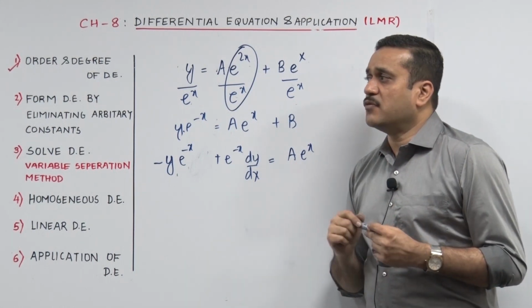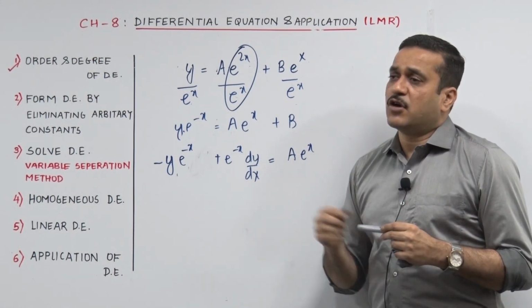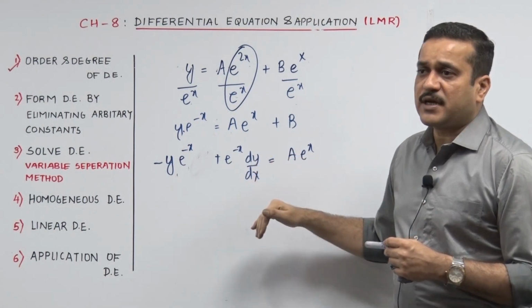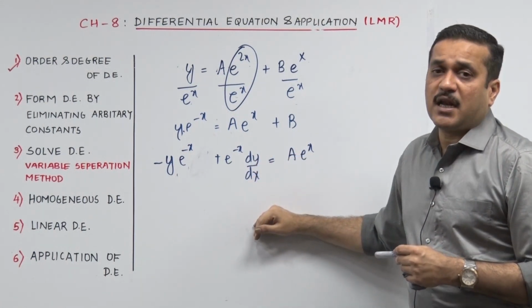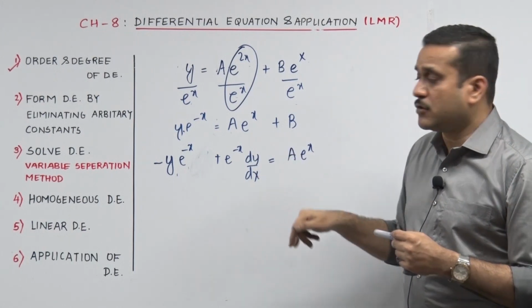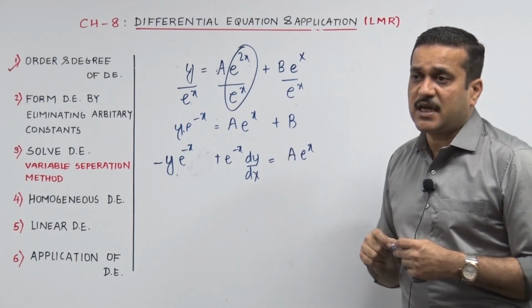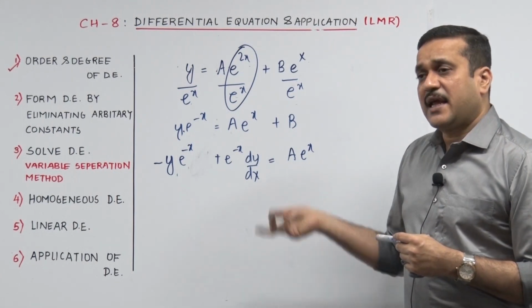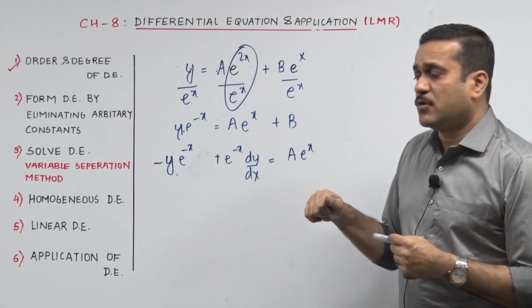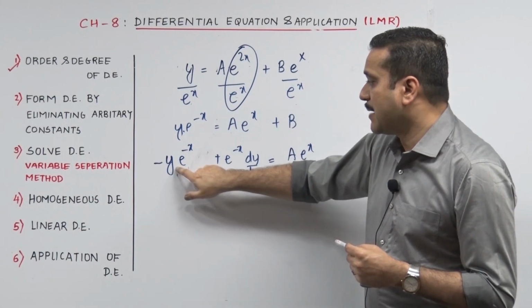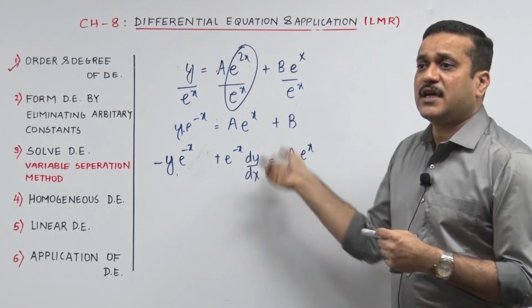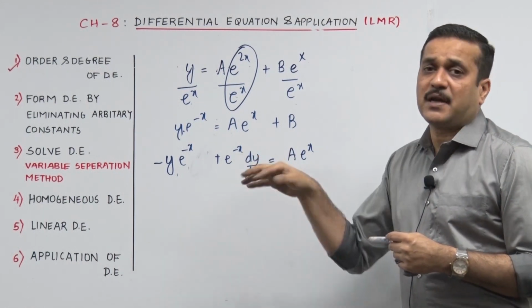Can I stop over here? What's the reason for pulling e raised to minus x common? We know we need to differentiate one more time. We are allowed to differentiate two times, and we need to because the constant a is still in there. We need to eliminate our a also. But when I differentiate one more time, I will have to apply the product rule here also, and here also. So why not take e raised to minus x common and apply the product rule only one time?